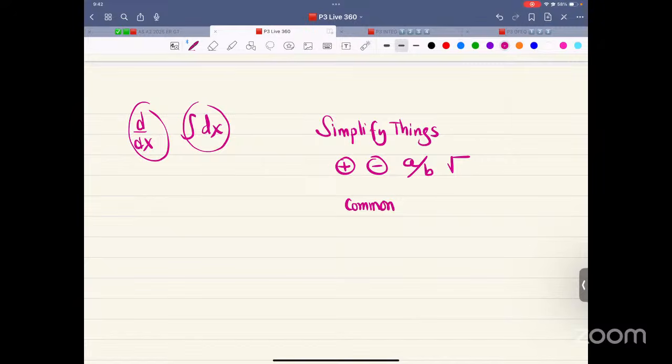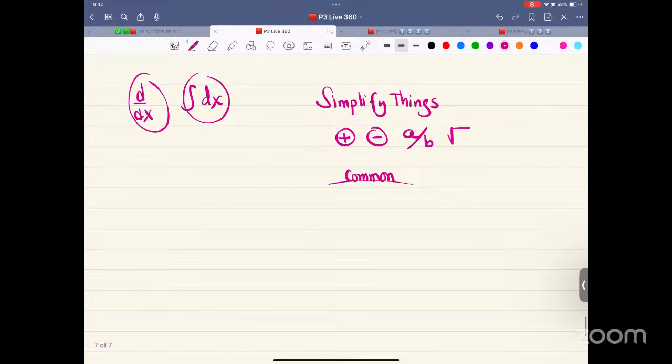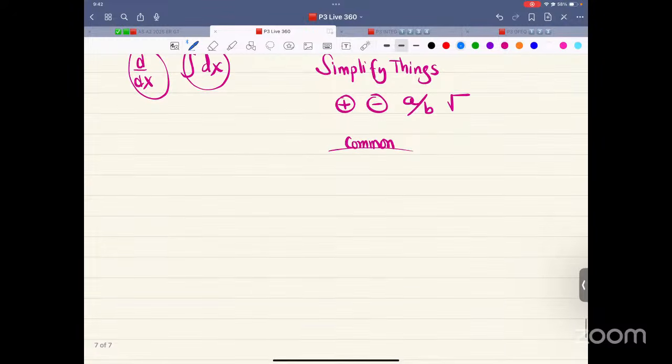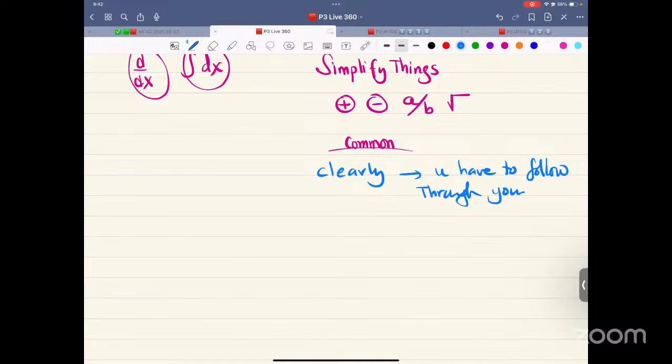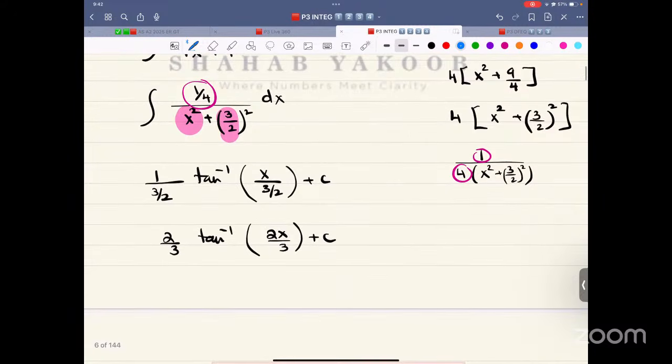Whatever simplification is needed, first simplify things. And as the examiner talked about, write clearly, because you have to follow through your working. That is necessary. That is something that needs to be done. So that was part of simplification.